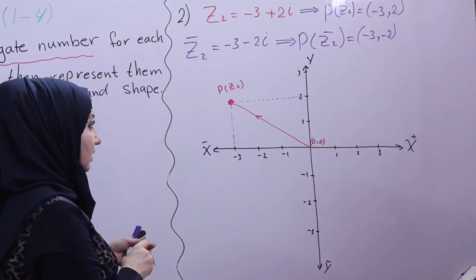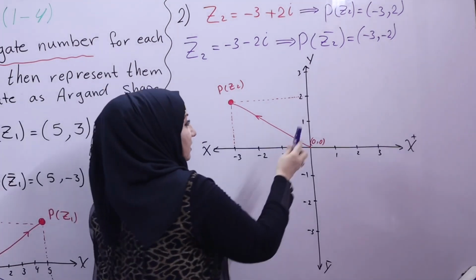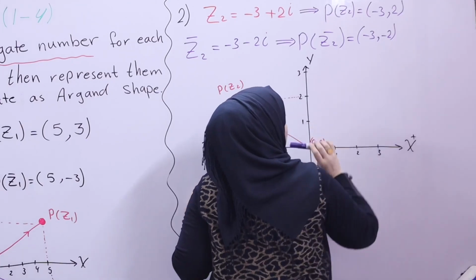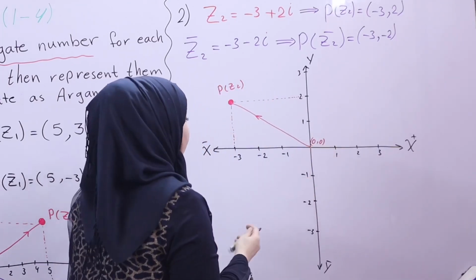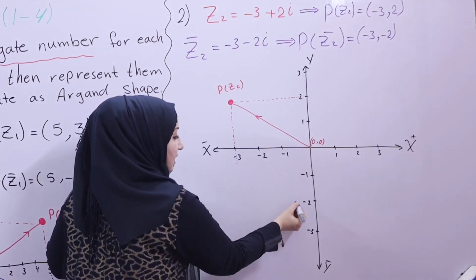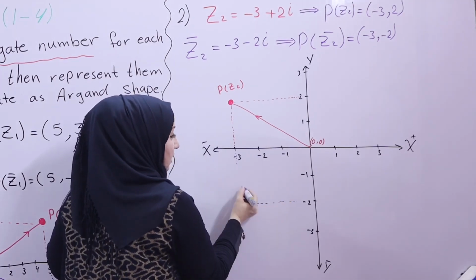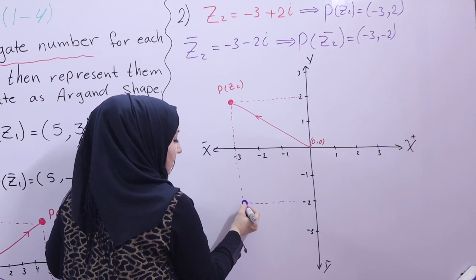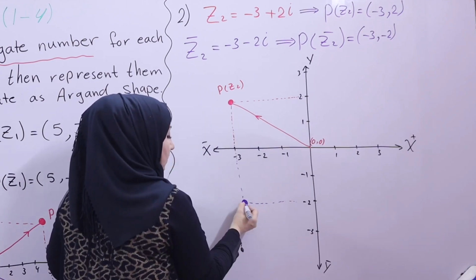And now we will find the point which is the ordered pair negative 3, the x coordinate, and the y coordinate is negative 2. So the point which represents the conjugate of Z2 will be here.